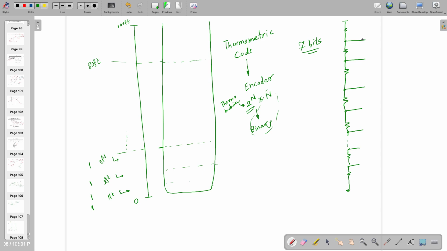So if I do such a setup, look, this is maximum plus V supply, and this is minus V supply. Let's assume that plus V supply is equal to 100 feet and minus V supply is equal to 0 feet. If this is 15, this is minus 15, can you create by resistive divider network 100 different levels?